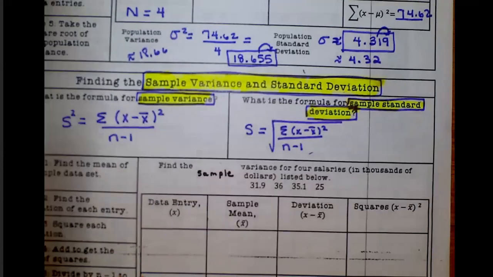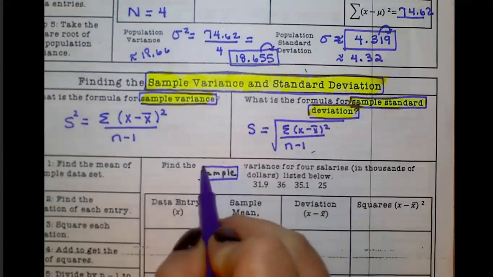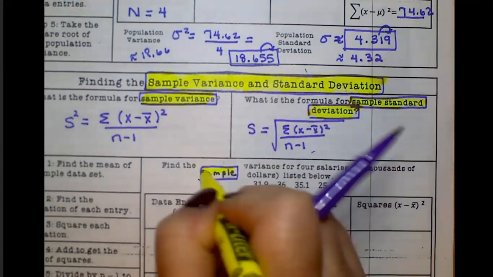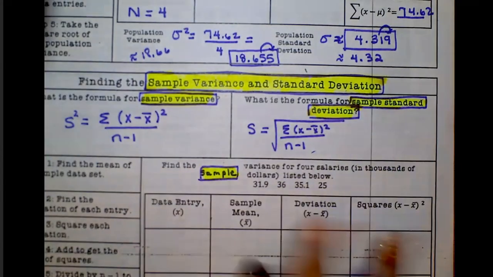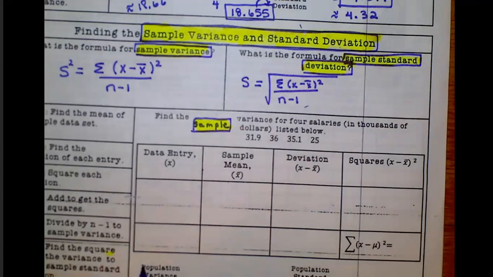Okay, now again, here it says find the sample variance, and I need you to change 2 things before we begin. I need you to go to the very bottom of the page and change that to sample and sample. So when you're doing your work, that's not confusing, because that was a typo.